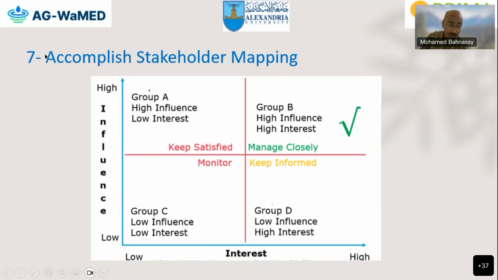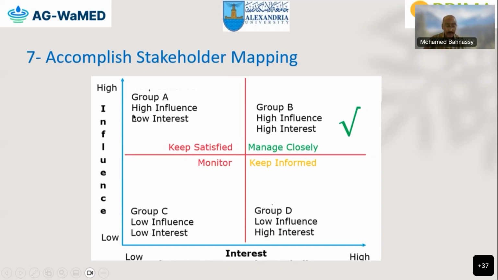Stakeholder mapping depends on the interest of the stakeholder in the living lab, its characteristics, ideas and challenges, and their influence on the living lab. So we take care of these two characteristics, interest and influence, in order to map the stakeholders into one of four groups.